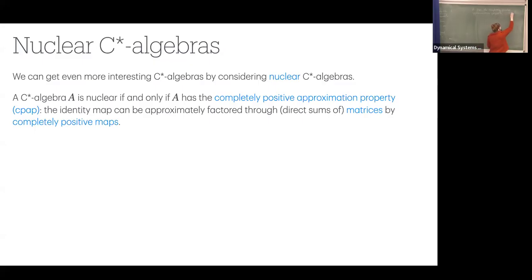For every finite subset of the C-star algebra, I'm going to use these double inclusions to mean finite, and every epsilon greater than 0, there exists a finite dimensional C-star algebra F, or you could also just ask for matrices, and completely positive contractive maps.